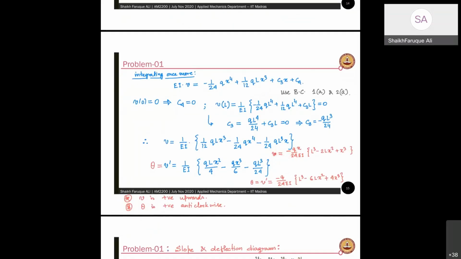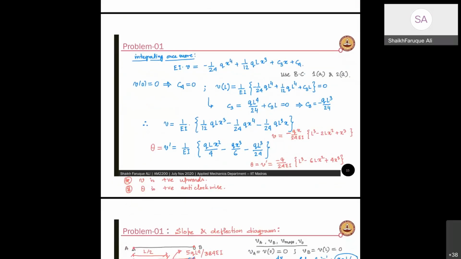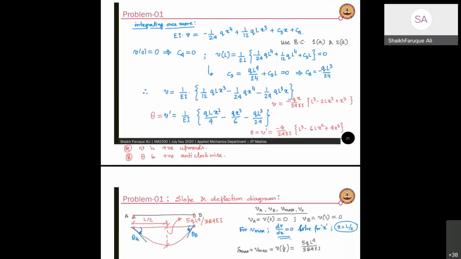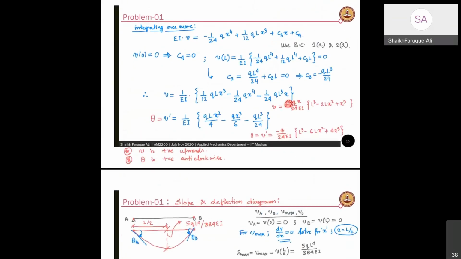V is linearly related to Q. Similarly, theta is also inversely related to flexural rigidity, and theta is directly related to the load Q. And also note, V is positive upward in this case, and theta is positive anti-clockwise in this case. Now you're getting minus here, right? So it is upward positive, therefore the deflection is downward.